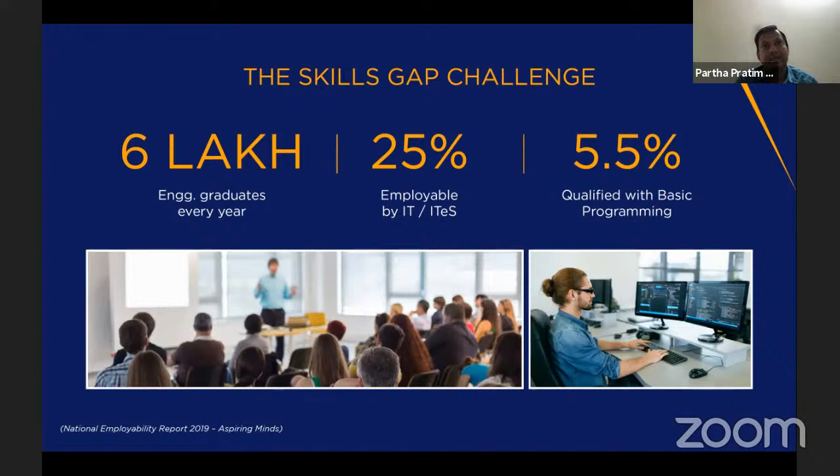For us in India, at least, we have seen this in the last 30 years. In the last 30 years, we have had lots of software developers. Many people have been working in the software industries, but recently the paradigm has changed.